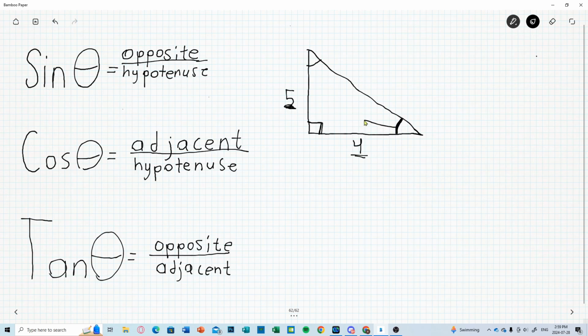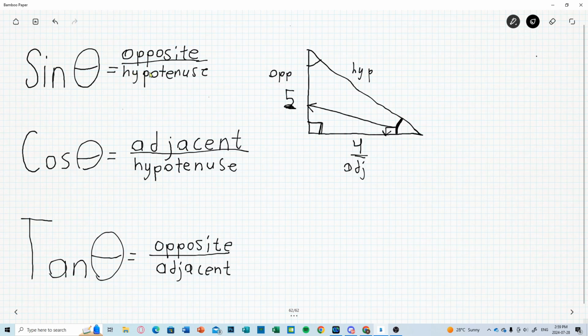We're going to draw an arrow straight across from our angle, and this is going to be our opposite. We know what the hypotenuse is because it's the slanted side, so this base must be our adjacent because it is adjacent to our angle. Now we have our opposite and adjacent, and all we have to do is look to see which one it fits.